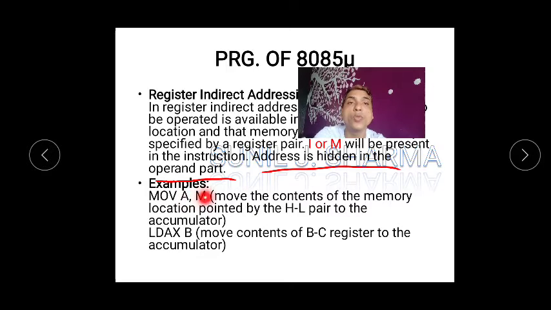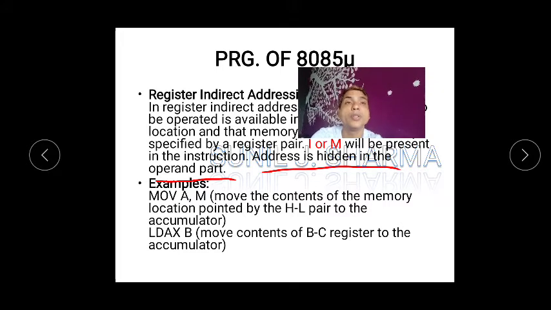Now can you see MOV A, M? Whatever the contents of M are, that will be moved to A. Move the contents of the memory location pointed to by the HL pair to the accumulator. In the previous examples also you have seen that M means the contents of the HL pair.